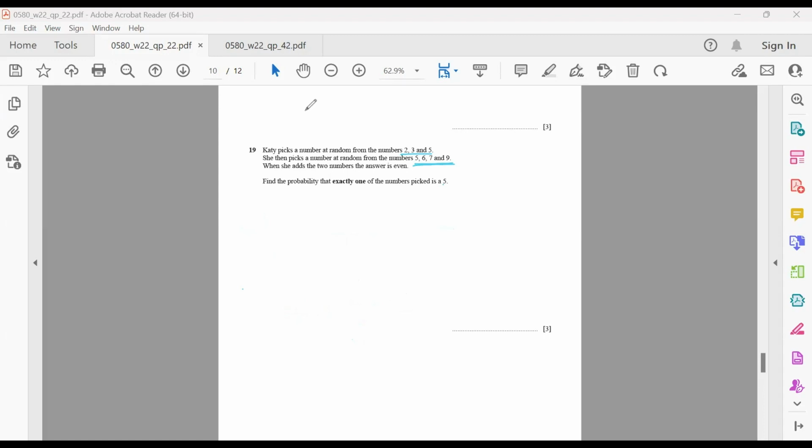Okay, so we clearly identify the 7 even outcomes. So that's 2 and 6, 3 and 5, 3 and 7, 3 and 9, then 5 and 5, then 5 and 7, then 5 and 9.